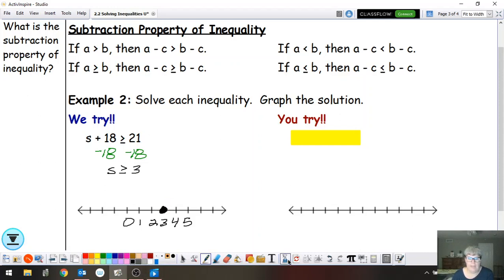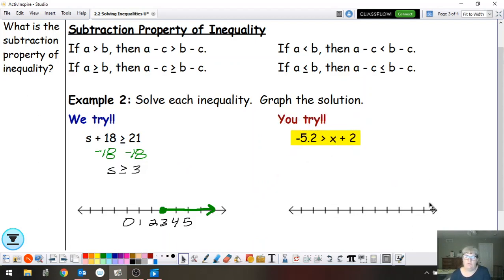And I want my arrow to be in green. And because I want values that are greater than 3, my arrow will go to the right. So a solid circle on 3, arrow to the right, because my variable is greater than 3. So here is your chance to try one.